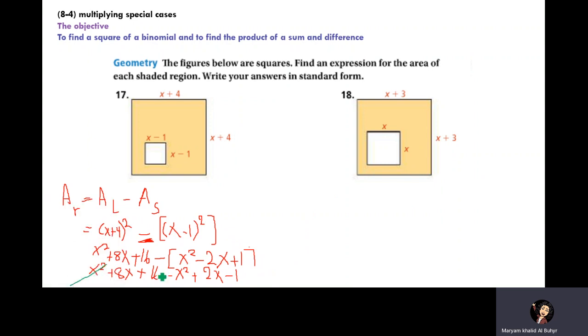Yes, this term and this one will go together. So that will be equal to 8x and 2x, which is 10x, and 16 minus 1, which is plus 15. So that's the idea from this part.